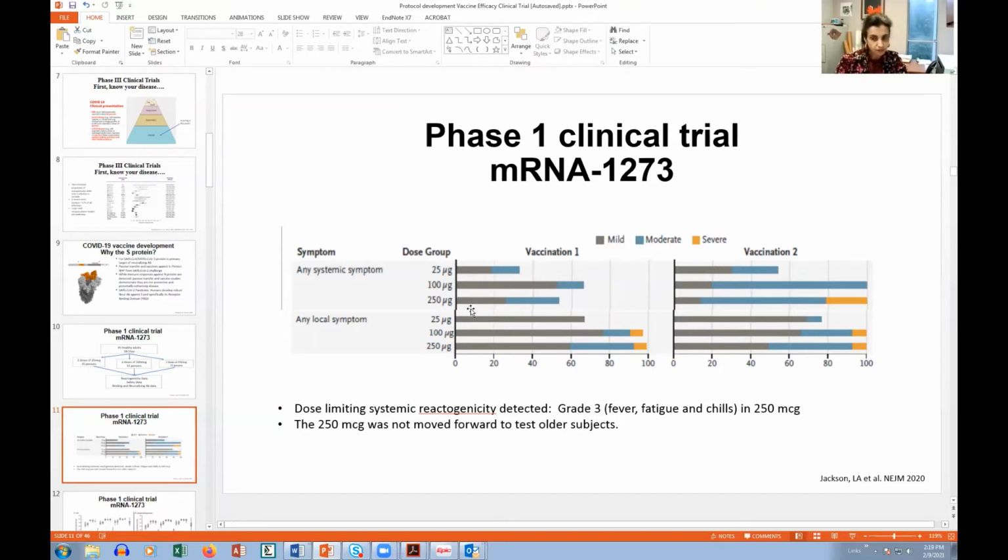The 250 microgram, you can see that a good fraction of them, although it wasn't a lot of people here, had severe reactogenicity, and I think one person, actually young with no comorbidities, ended up in the emergency room with symptoms. So this is how it was decided that the 250 microgram was not to be moved forward for testing.